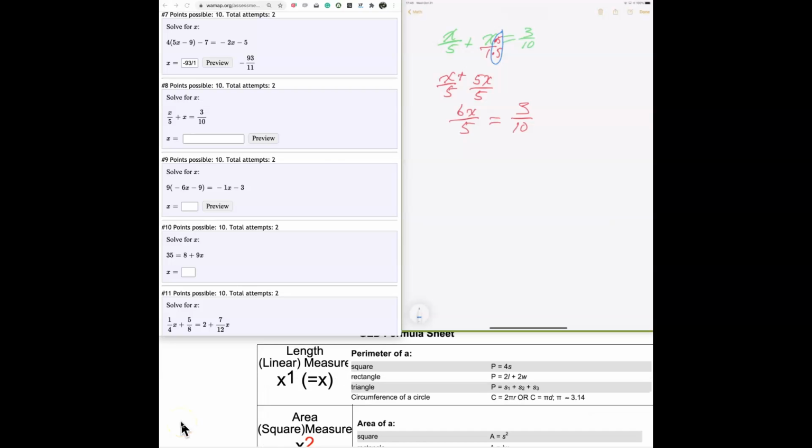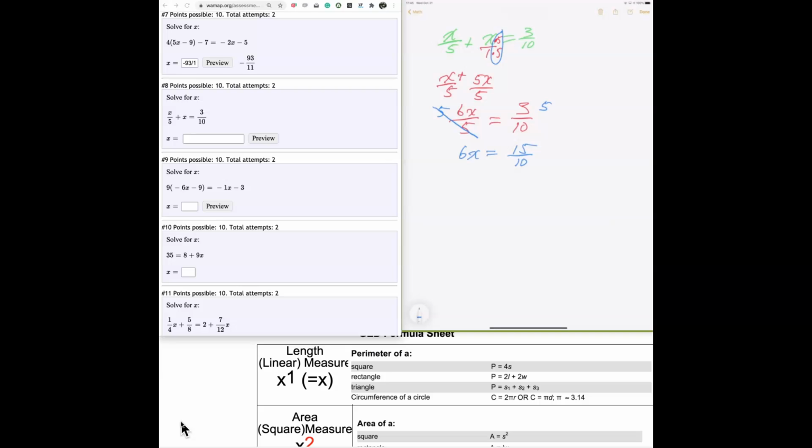Well, since we're dividing on the left by 5, let's start by multiplying both sides by 5. So 5 times a fraction, we're going to multiply 5 times the top number normally. But what we can do is this 5 will be divided by the 5 here, leaving just 6x. And 6x will be equal to 5 times 3/10, which would be 15/10.